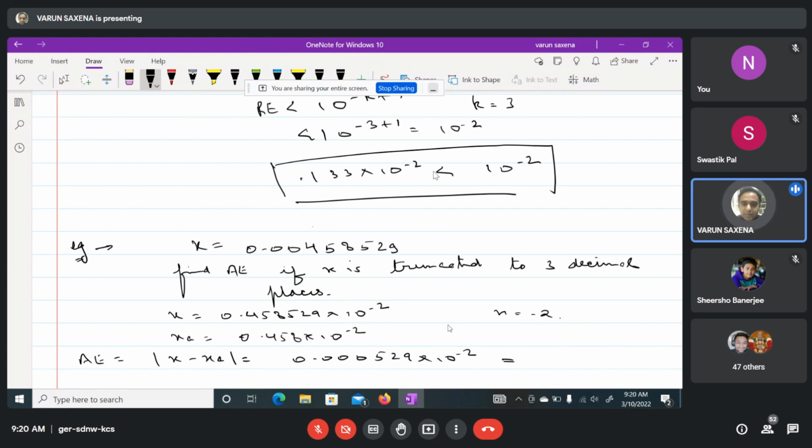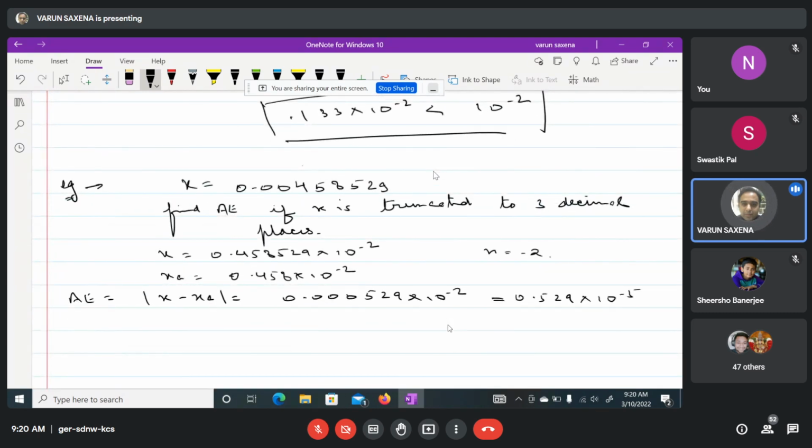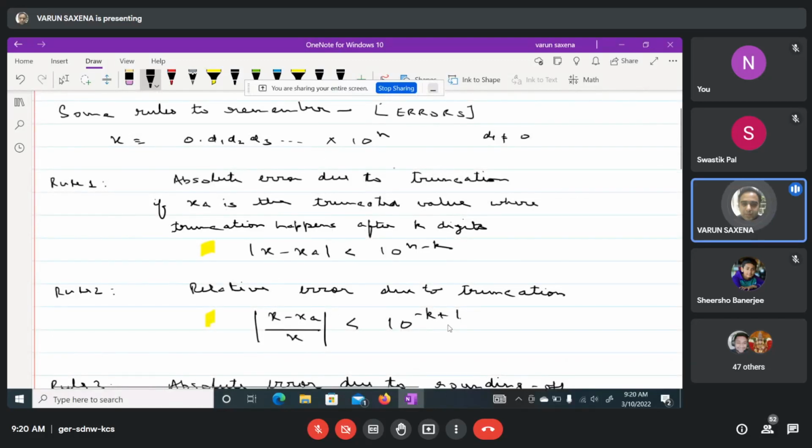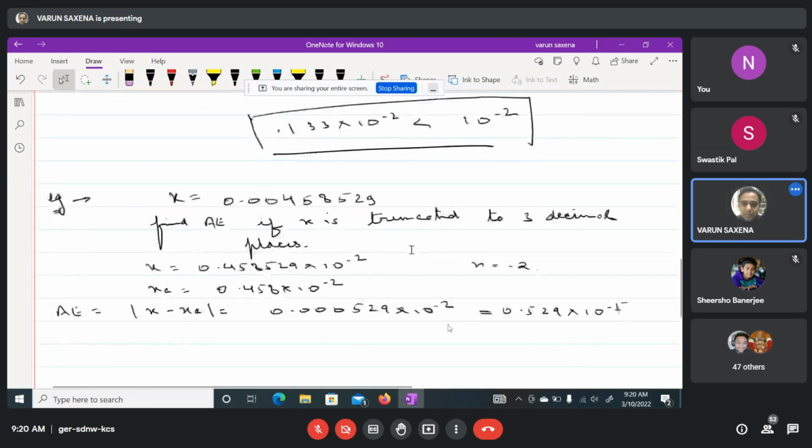So if you write it in the normalized form, it will be 0.529 into 10 to the power of minus 5, right? And the rule says, if you look at rule number 1, that the absolute error should be less than 10 to the power n minus k, right?